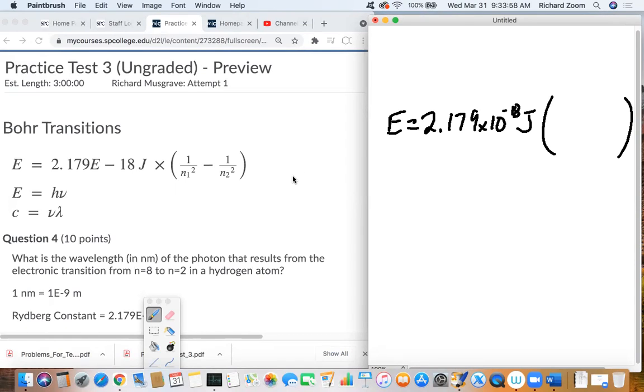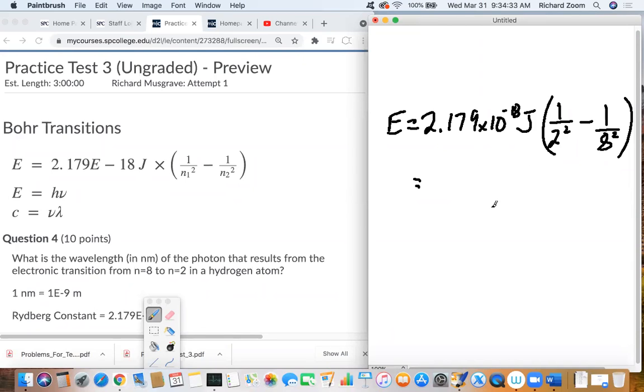However, if you put the 1 over 2 squared first, the smaller one first and the larger one second, you'll end up getting a positive value for energy, which is going to be more palatable to you in the long run. Then your wavelength will be a positive value as well. So what I would do is 1 over 2 squared minus 1 over 8 squared and come up with the energy.